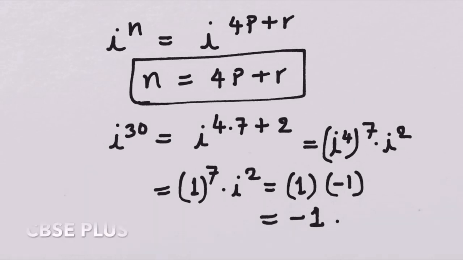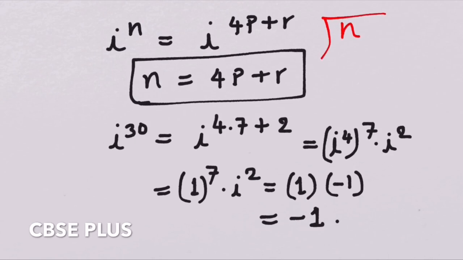Now if we are given any power, iota to the power n, how can we solve this? We will write the power n in the form 4p plus r. You don't have to worry much about this. N is equal to 4p plus r means we will divide n, whatever number it is, by 4.